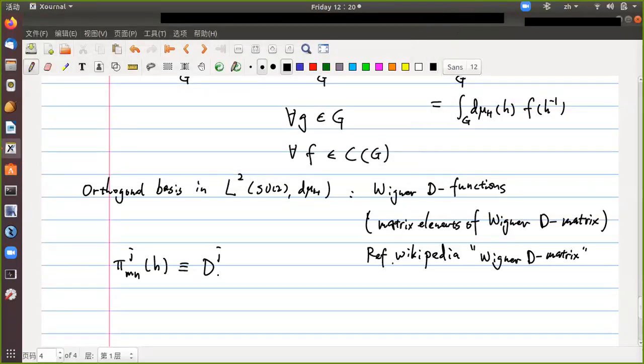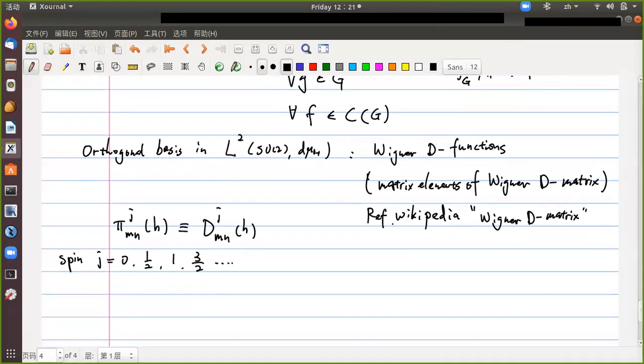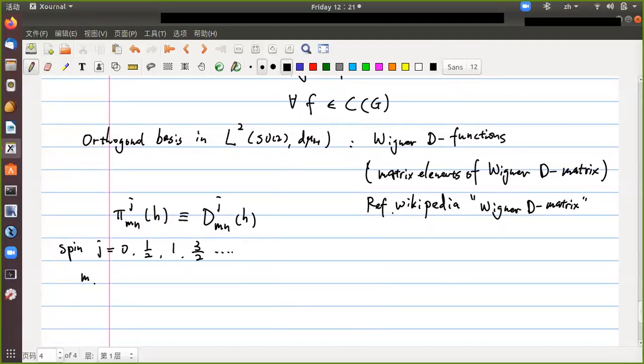The standard convention is D^J_{MN} as a function of h. Here J is 0, 1/2, 1, 3/2, and so on. J is just the spin. M and N are magnetic quantum numbers, as in quantum mechanics.